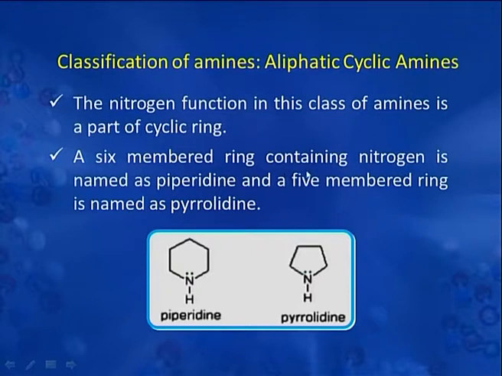A 6-membered ring containing nitrogen is named as piperidine, whereas a 5-membered ring is named as pyrrolidine. So, this class of nitrogen containing compounds or amines basically are called aliphatic cyclic amines.